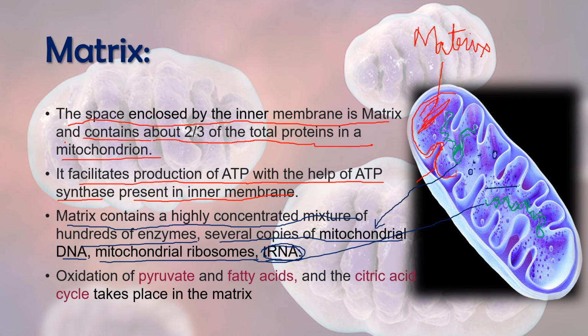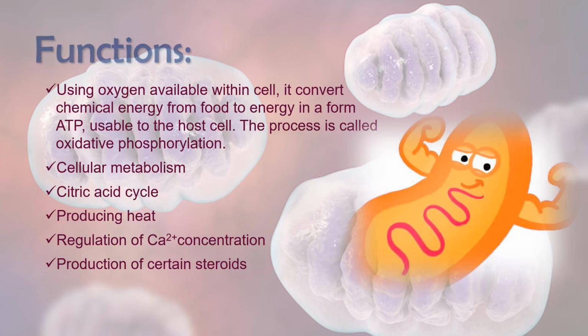Now, what are the functions of the matrix? Basically, in the matrix the oxidation of pyruvate and fatty acids takes place, and the citric acid cycle, or Krebs cycle, also takes place in the matrix. As we just discussed how strong and powerful a mitochondrion is, there are lots of functions, but here I am presenting some of them.